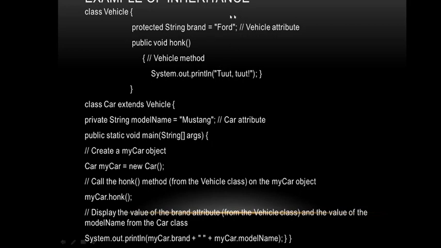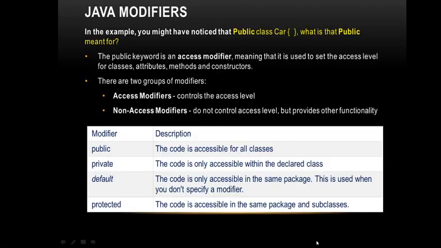That means this brand will be printed, and myCar.modelName, the model name will be Mustang. So it will print Ford and Mustang. This one will print toot toot, and this portion will print Ford and Mustang. So that will be the output.